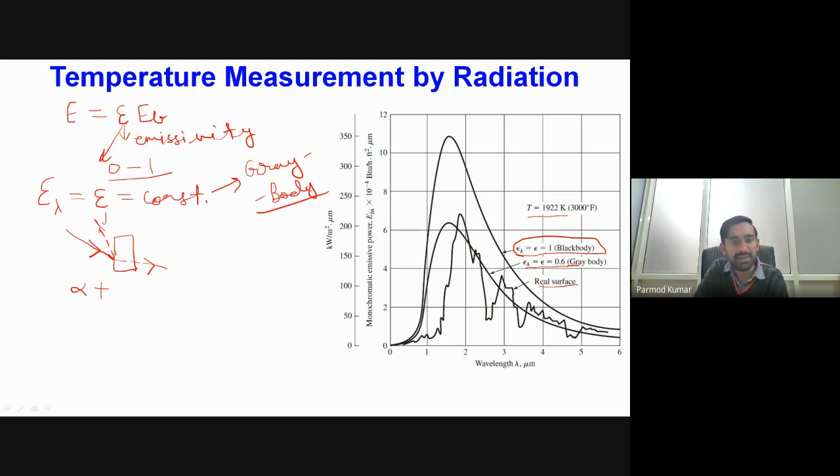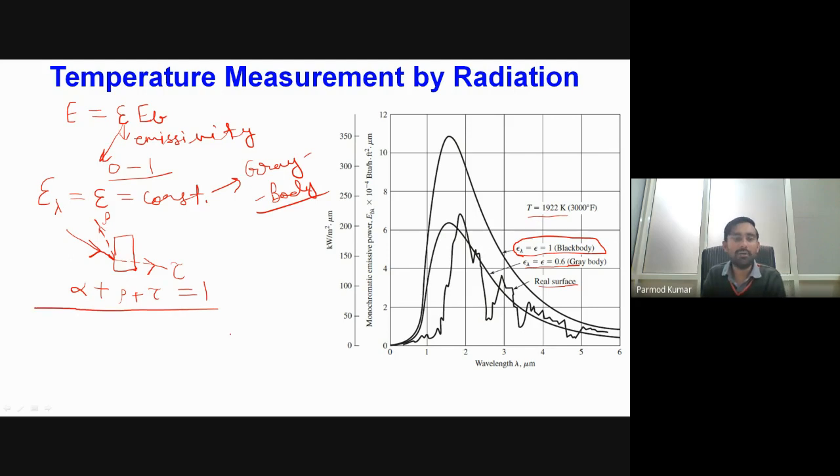Similarly, rho is the reflectivity, the fraction of radiation reflected from the surface, and tau is the transmittivity, the amount of radiation transmitted through the surface. With reference to the total radiation incident on the surface, alpha plus rho plus tau is equal to 1.